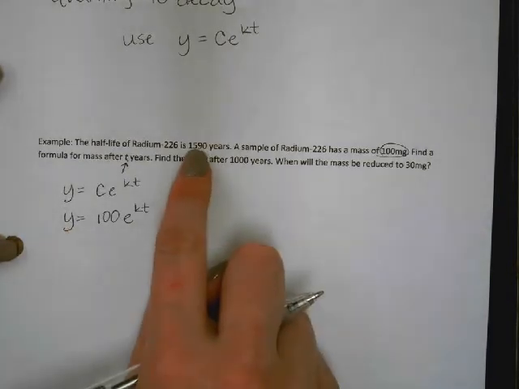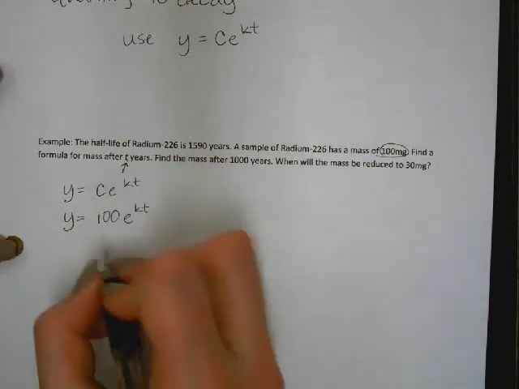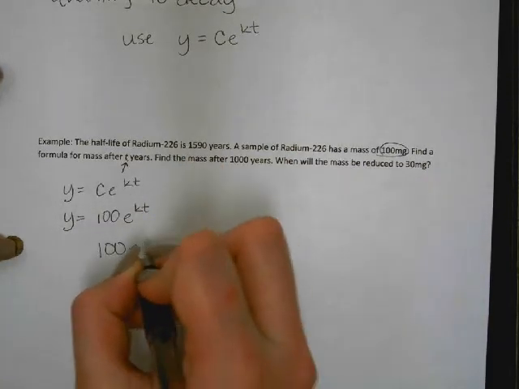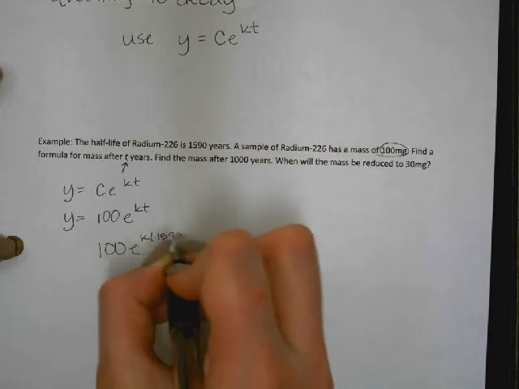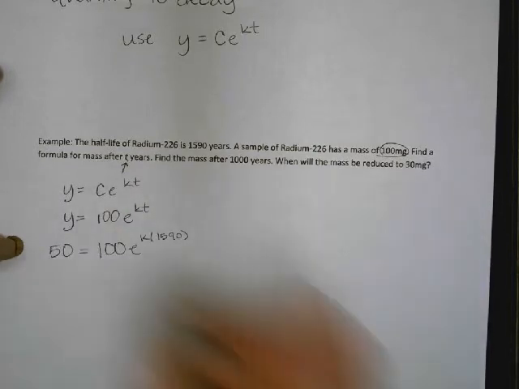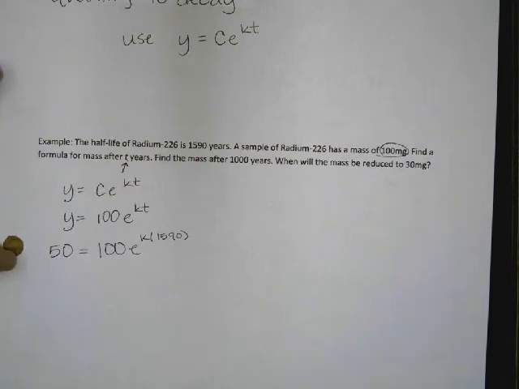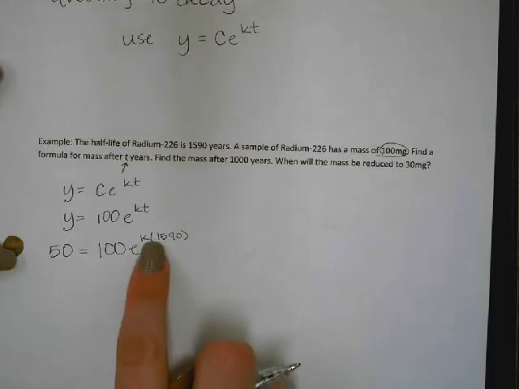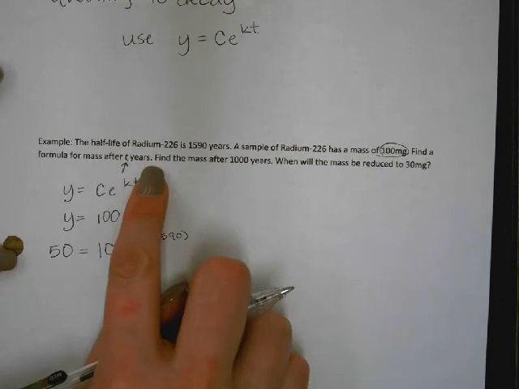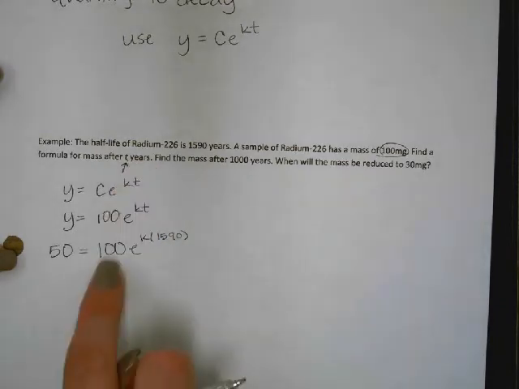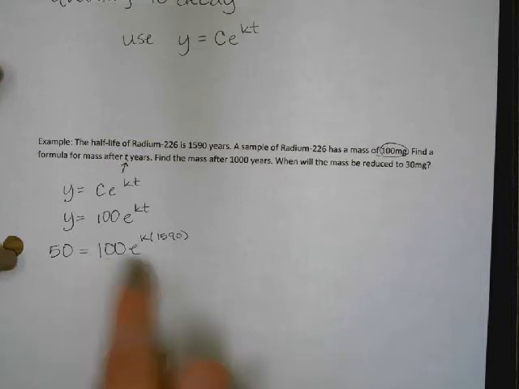So after 1,590 years, we know that we're going to have 50 milligrams left over. And I know that because that's what half-life means. So I'm going to go ahead and get to where I can solve for k. So this is the part where I'm just trying to figure out what the equation is in terms of t. I need to have a number for c and a number for k. I know that my initial value is 100, so I know that's going to be in the equation, but right now I have to figure out what that k value is to make this work.